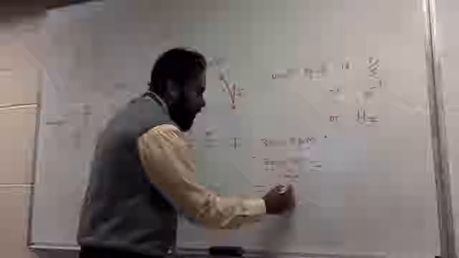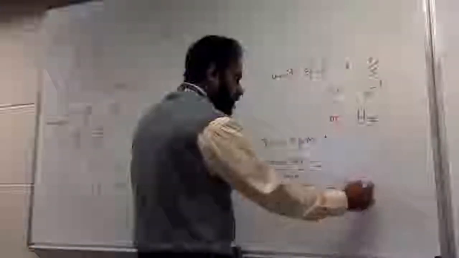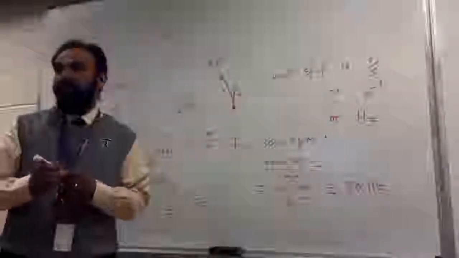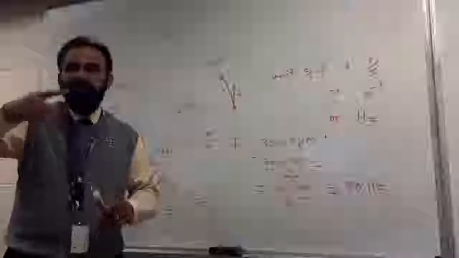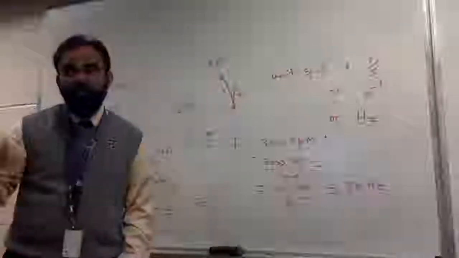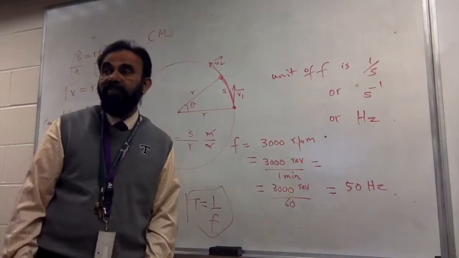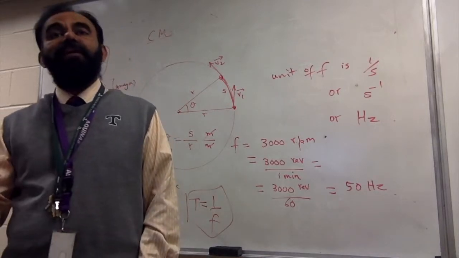So 3000 revolutions, which is basically like cycles, per 60 seconds, which is how many hertz? 50 hertz, which means 50 times a second. When you say your engine has already gone 50 times, that's pretty fast. So 3000 RPM is really reaching quite high. So 50 times this thing is spinning every second.